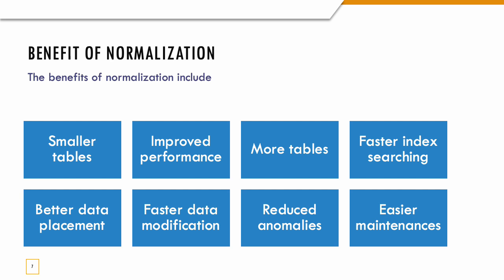Okay, so let's talk about the benefits of normalization. The benefits of normalization include smaller tables. Normalization creates smaller tables, where the smaller rows mean more rows per page and less logical input and output is needed.